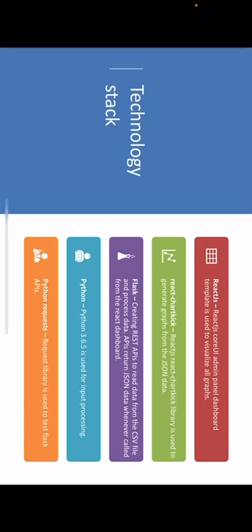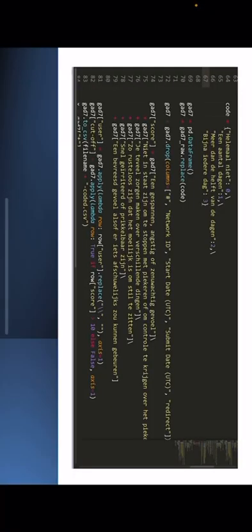Python 3.6.5 is used for input processing, and the Python requests library is used to test Flask APIs. And we created the Python code by using data frame replace, and Lambda software was used to generate the code.